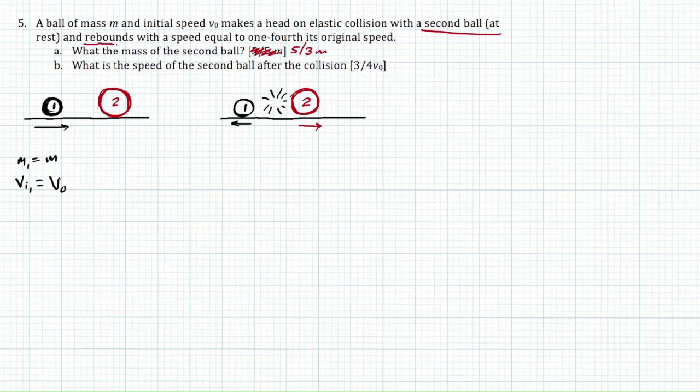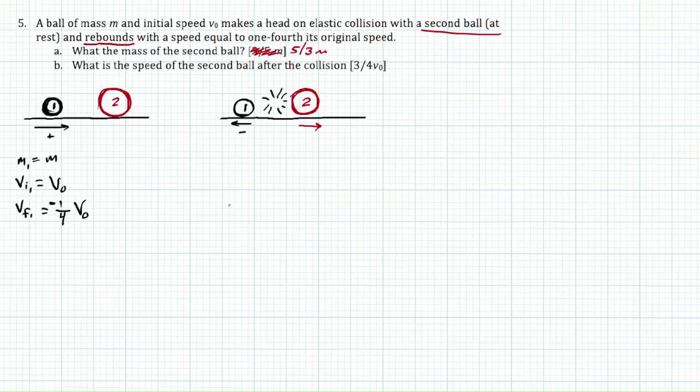That is, it bounces back with a speed equal to 1/4 of its original speed. So we can say that the final velocity of object 1 equals 1/4 VO. But look, if it's rebounding, then what does that mean about the direction? Velocity is direction dependent. So if that's positive, then this direction right here has to be negative. So we need to put a negative in front of that 1/4 VO. It's bouncing back the opposite direction.